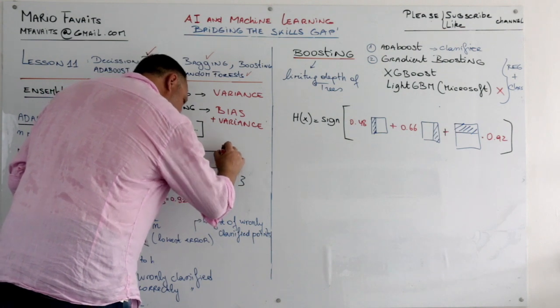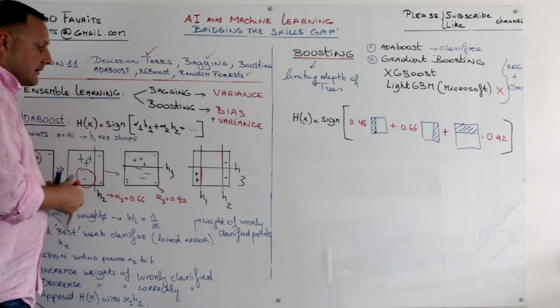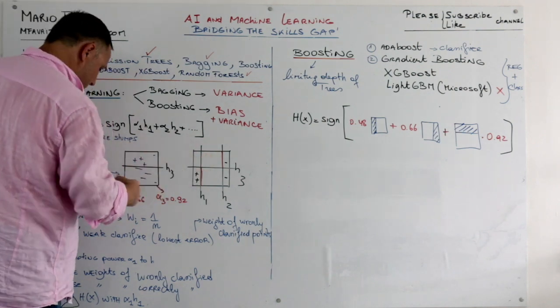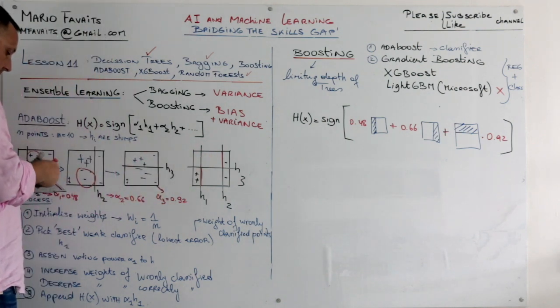Let me draw the line here, because now we look at the 2 big ones. Here the pluses were wrongly classified, but with a lower weight alpha. Here they were correct with a big weight.